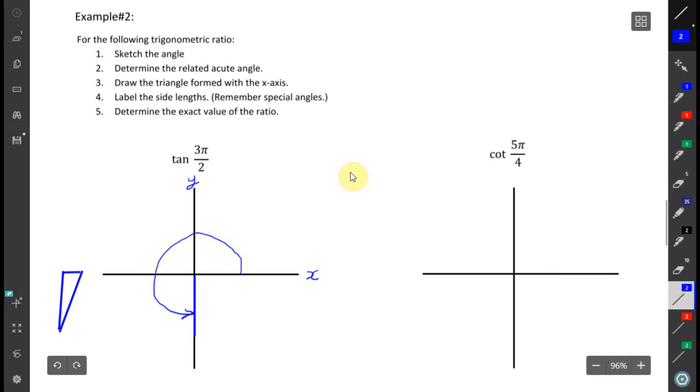I'm going to draw an adjacent here, but I'm going to label these values to get us to think about this. So we have 0 on this side. When we talk about this type of a triangle, we usually talk about the radial arm being 1.